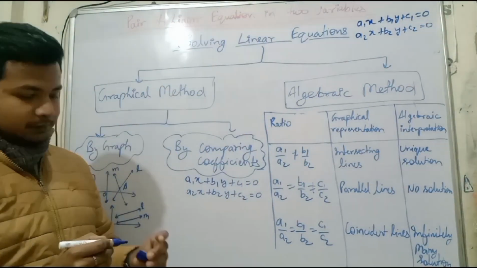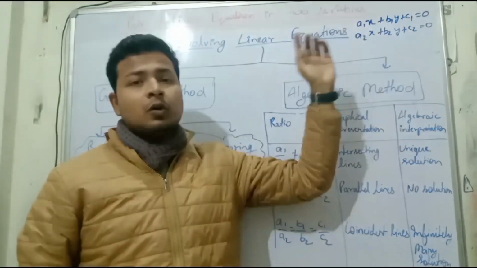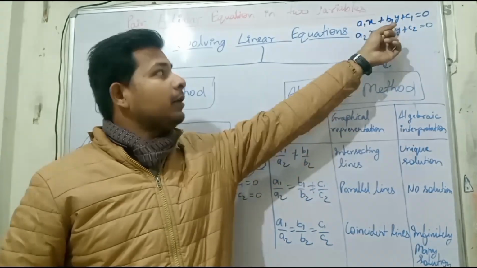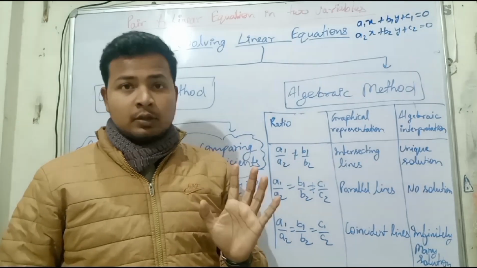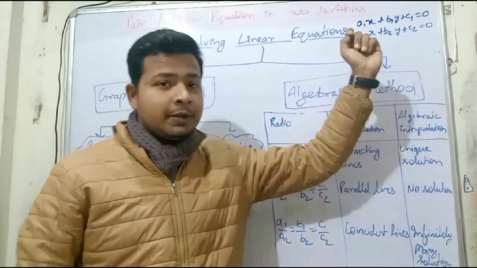Let me explain one more time. Here a1, b1, c1 and a2, b2, c2, all these six are real numbers, and a1, b1 and a2, b2 are non-zero real numbers. We will solve the questions related to this type.